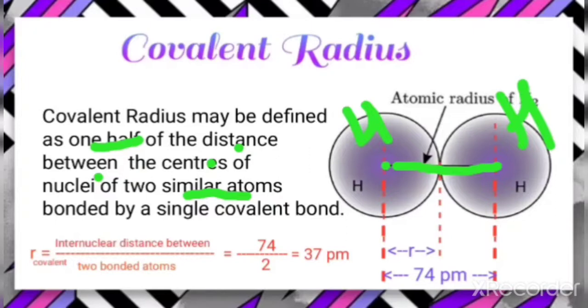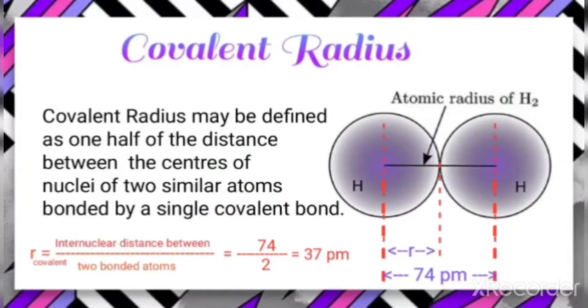When there is a single covalent bond between two similar atoms, then the internuclear distance, that is the distance between the centers of the nuclei of the two similar atoms, when we make a half of this, gives rise to R. What is R here? R covalent. That is the covalent radius.